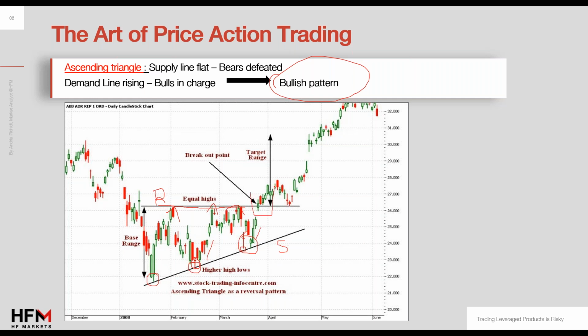But a breakout above, a closure, you need to confirm that there is a closure of the candle above this supply flat line, this resistance line. A closure above it could lead to a long position with a target this time.